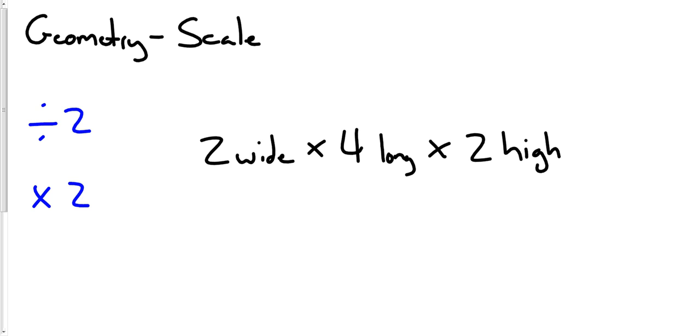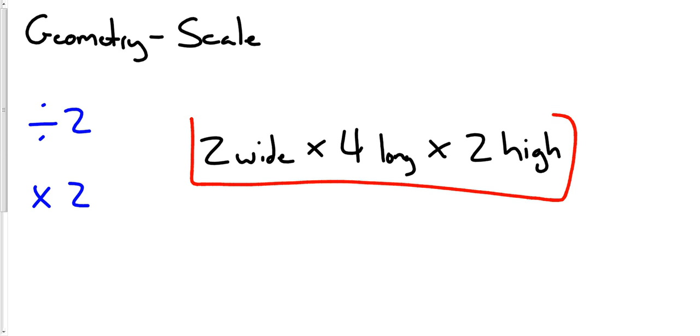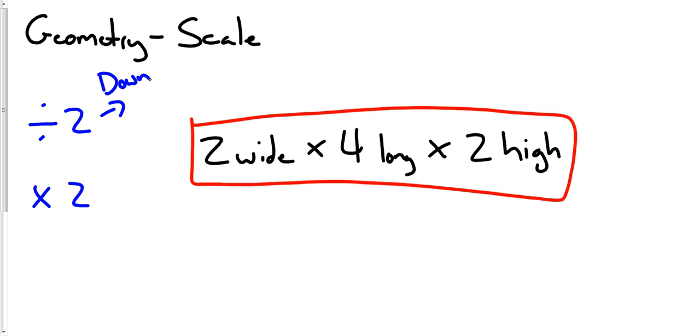So let's say, for example, that the dimensions that are inside this red box are my standard dimensions that I'm going to work with. And I can scale up or I can scale down. Okay? So if I want to scale down, and you scale down when you're dividing, okay, I would divide everything by 2.